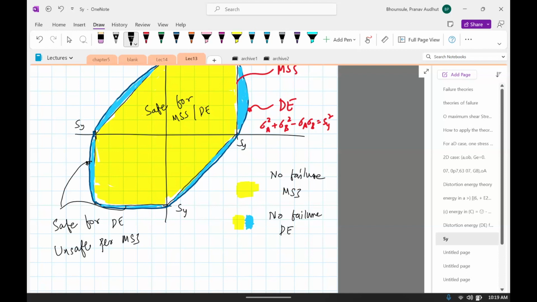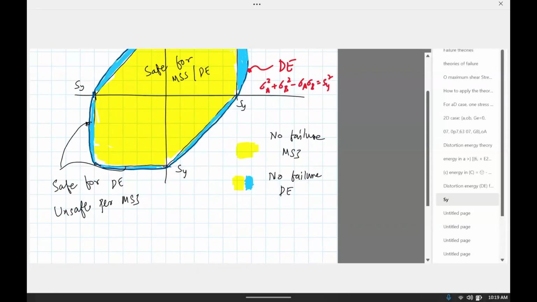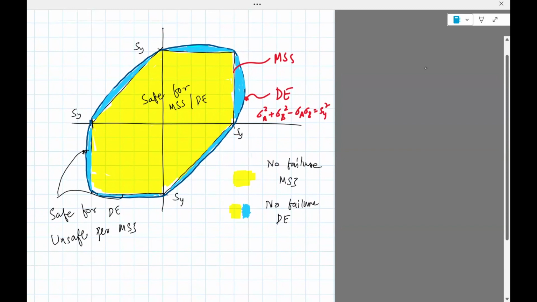That is, in this region, the blue region, the theory says that the material will fail if you use maximum shear stress criterion. It will not fail if you apply the DE theory. Okay, because the area in the yellow region is less compared to the area in the DE theory. That is, the yellow region, or the MSS, is within the DE.